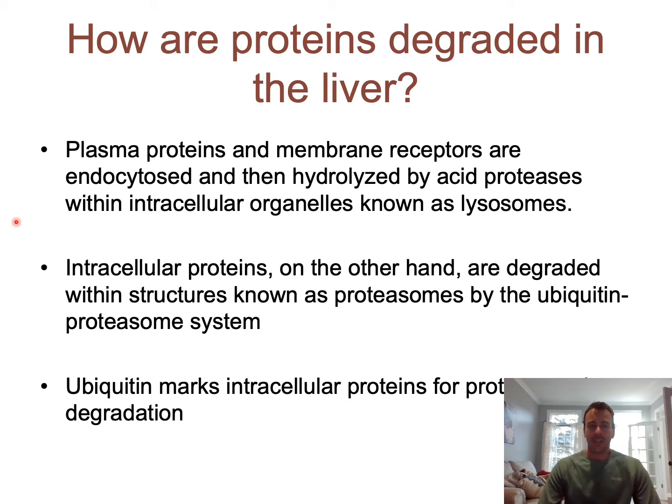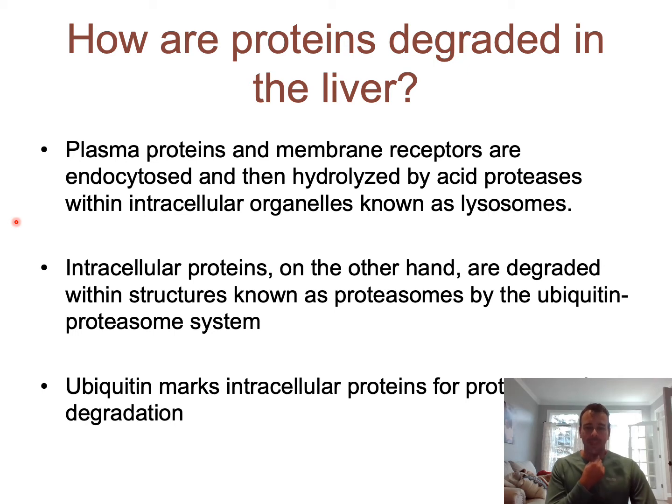in the liver. Let's talk about how proteins are degraded in the liver. So plasma proteins and membrane proteins are endocytosed and then hydrolyzed by acid proteases within intracellular organelles known as lysosomes, which you may have talked about in previous lectures.